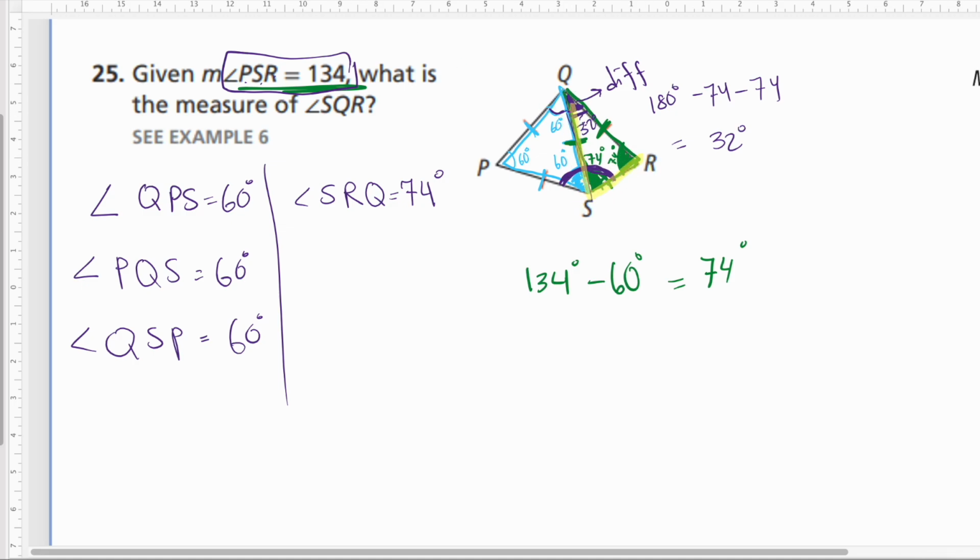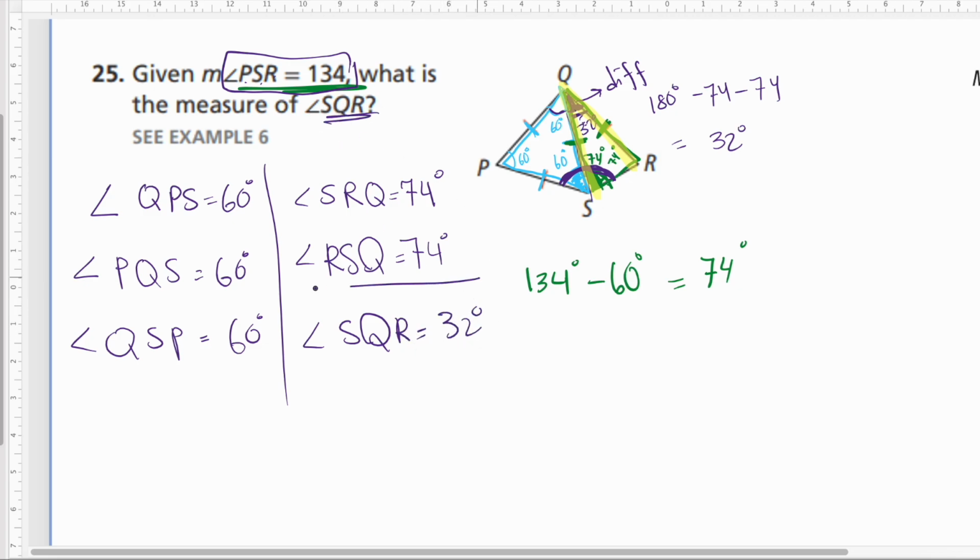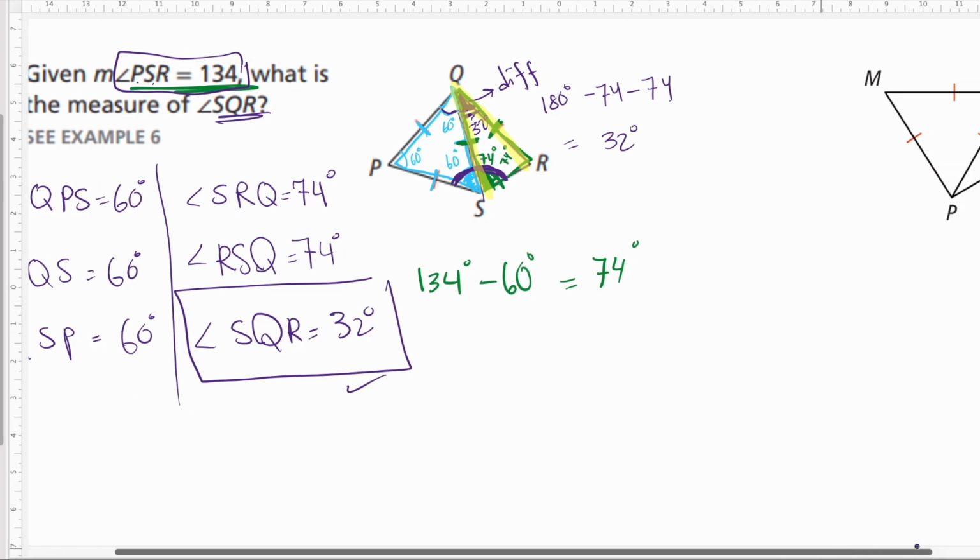Angle RSQ is also 74. Then we have angle SQR, which is what they asked about. SQR is 32, and that's what they asked about. Done. That's it.